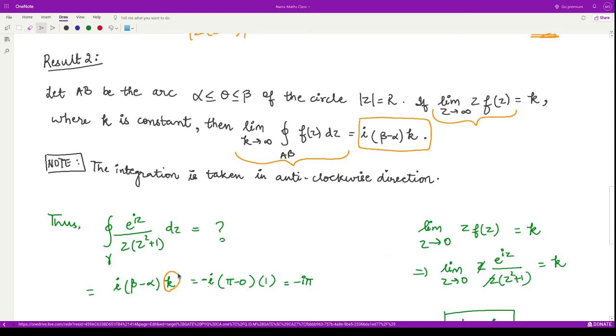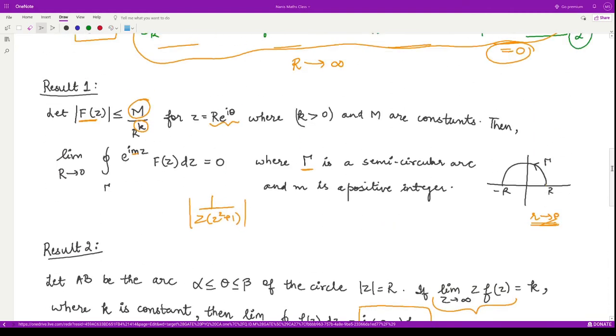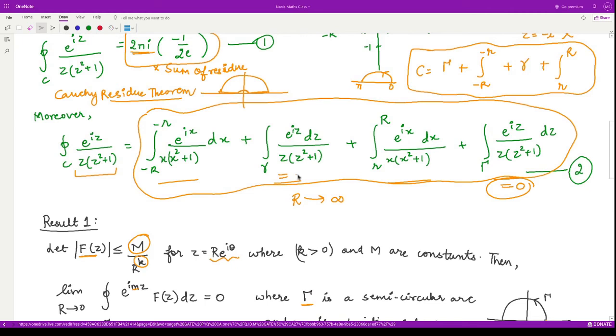For evaluating k, we have to evaluate this expression, limit z goes to 0, z into f of z is equal to k. So just substitute f of z over here. You will get k as 1. So you'll substitute this k over here, and you'll have the value of this integral as minus iota pi. So in effect, this integral becomes minus iota pi, right?